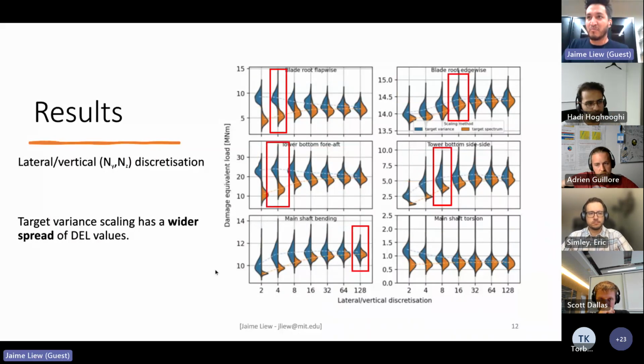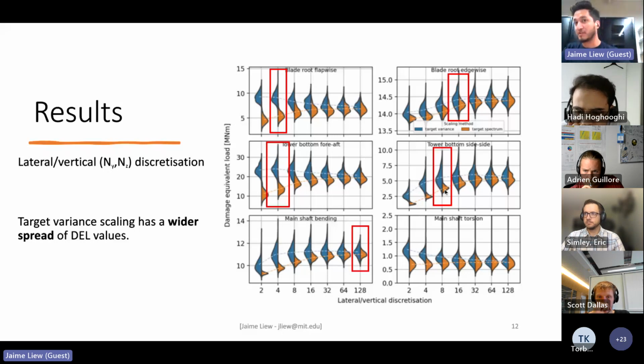The other thing, ignoring the upward bias of these blue lines, is that we also notice the spread of the blue distributions is much wider than the orange ones, which is without scaling. I just highlighted a few of them where you see the spread is much larger on the left than on the right.